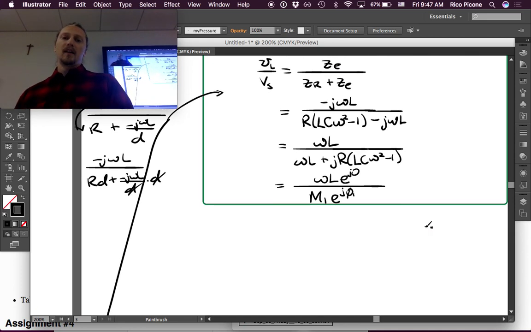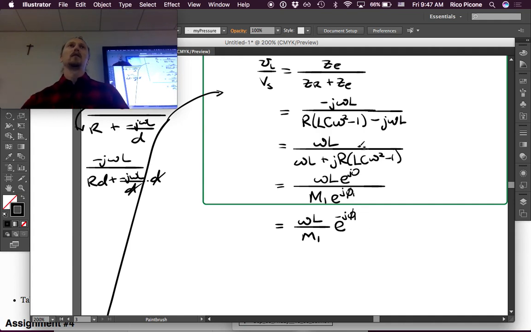That lets us write this as a single phasor, combining these: omega L over m1 is the magnitude, just dividing the magnitude, and the phase is just negative j phi1, because it has to come up to the numerator.